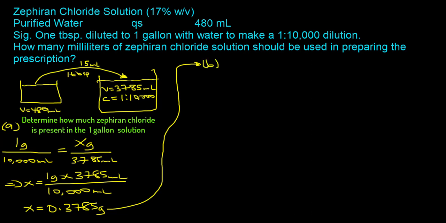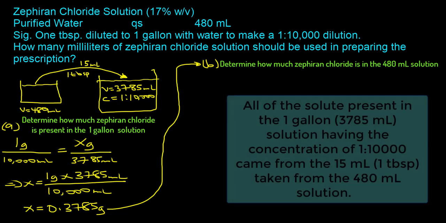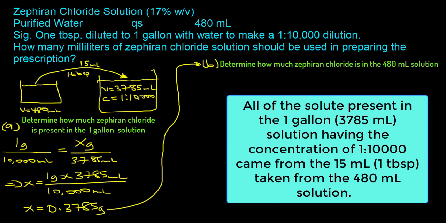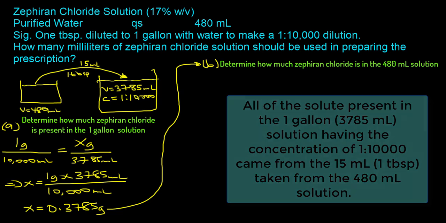So here the next step is to actually determine how much zephyran chloride is present in the 480 milliliter solution. Now, you want to recall that all of the solute that is in the 1 gallon solution or the 3785 milliliter solution, all of that zephyran chloride solute is coming from the 15 mL volume that was taken from the 480 milliliter solution.